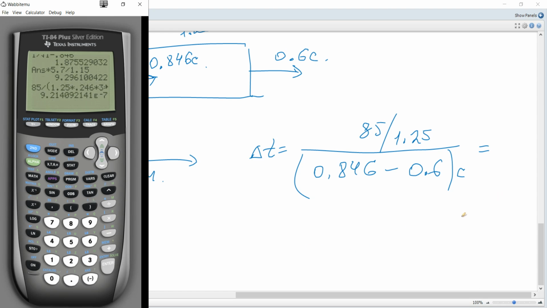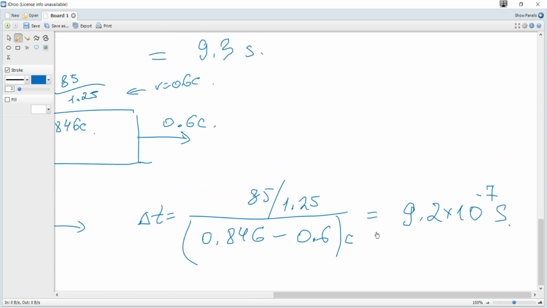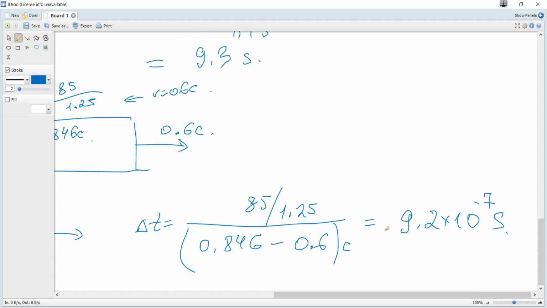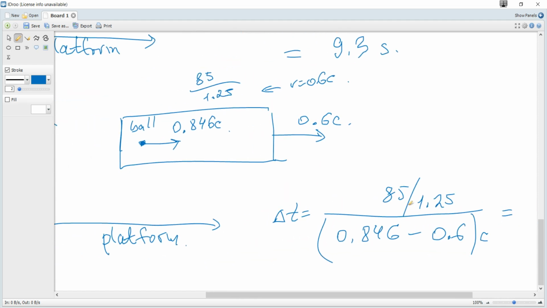And you can see that it's 9.2 times 10 to the power of 7 seconds. And that's all for this question.